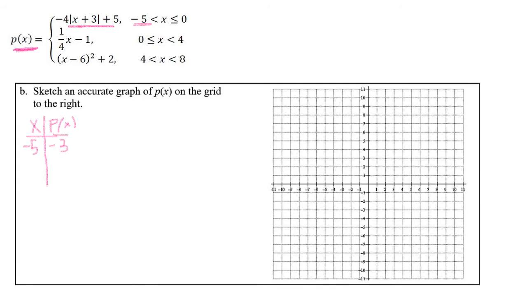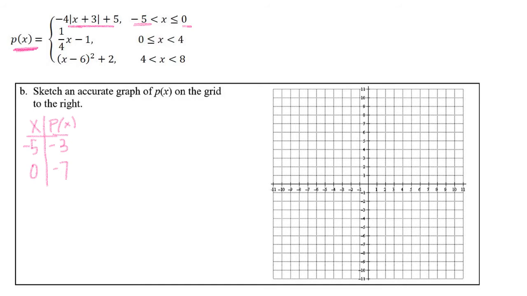And then we're going to do the other endpoint. Let's plug in 0, and once we plug in 0, we should have -7. So over here on the other side, we go ahead and plot those two values. So I have -5, -3. So let's get that point plotted.